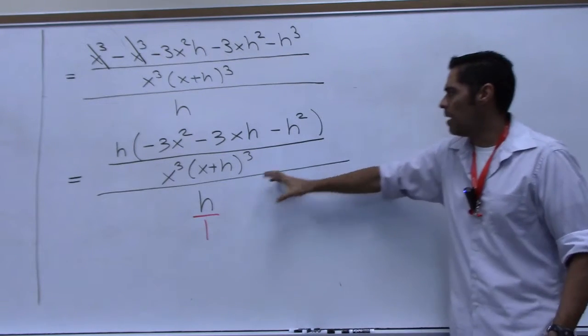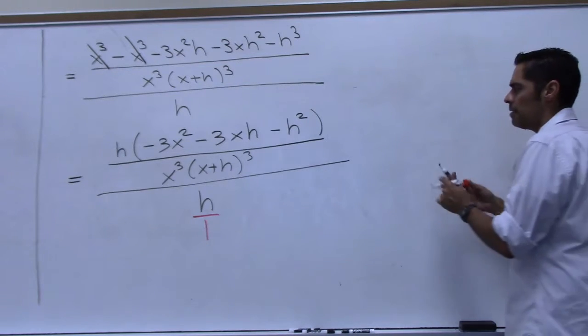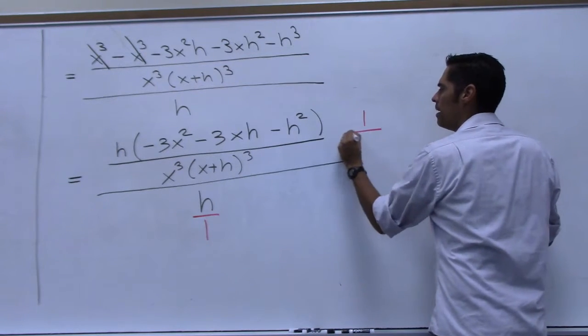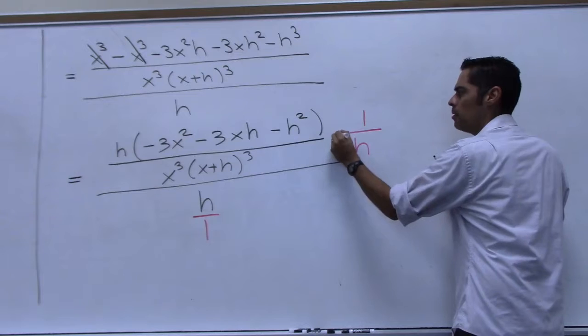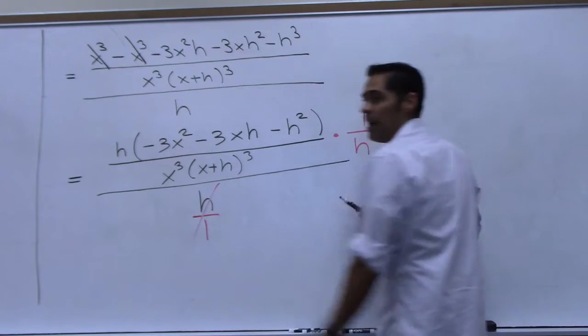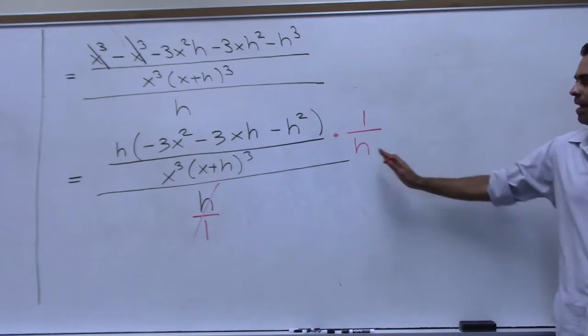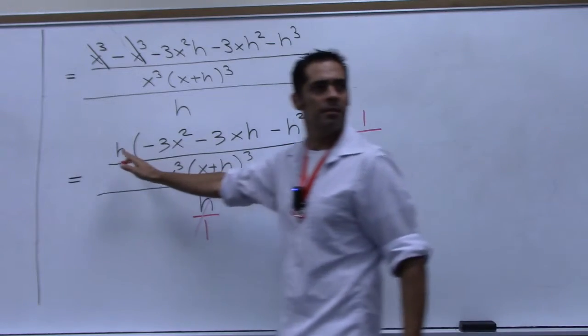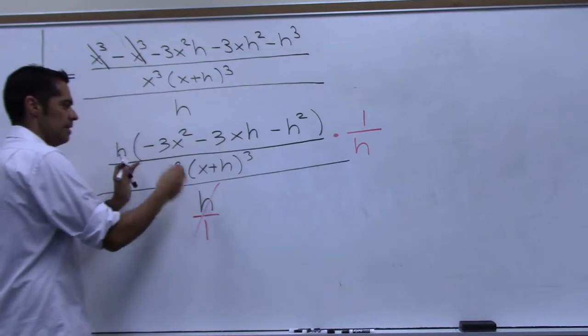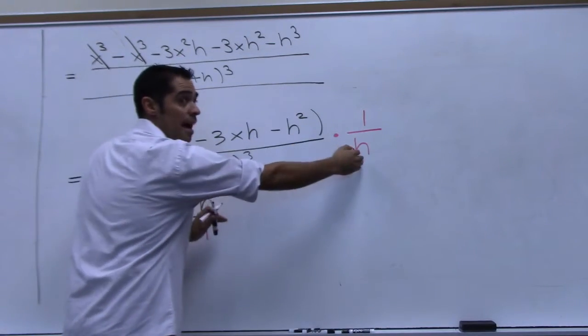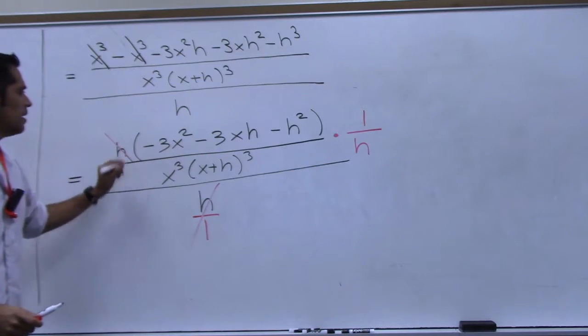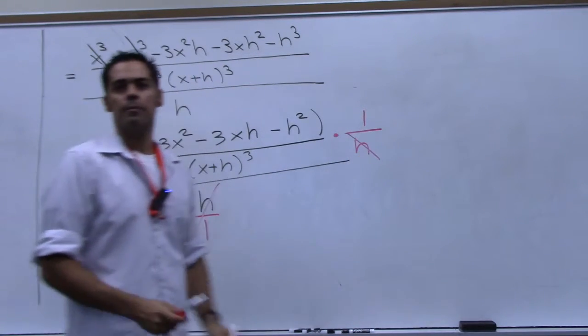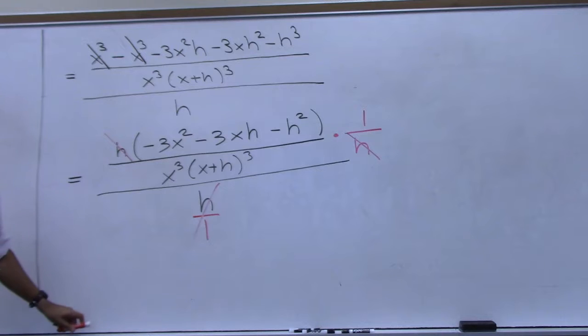So couldn't you flip that like this and really make this a 1 up here and an h down here like that and make it multiplication and forget this even happened? And then that h, couldn't that h cancel with this now? Because it's all multiplication, right? It's this times that. So this h and this h go away. And what you have left is your answer.